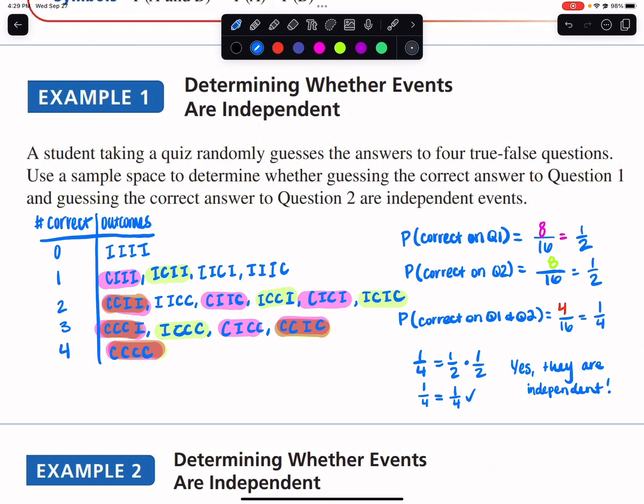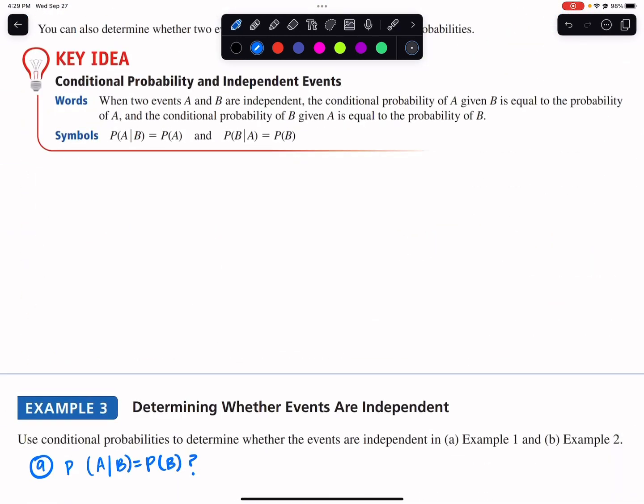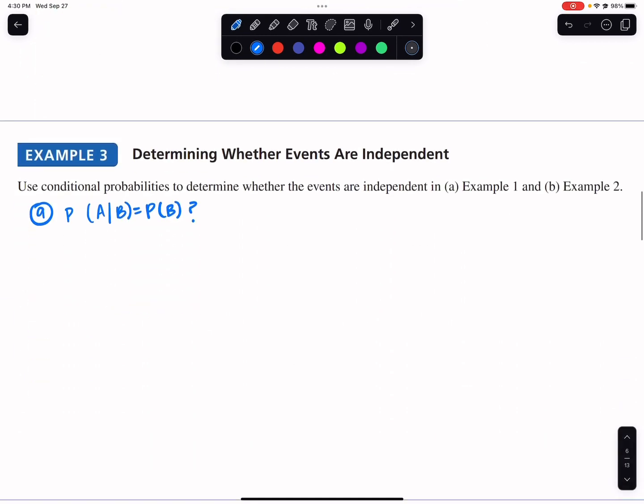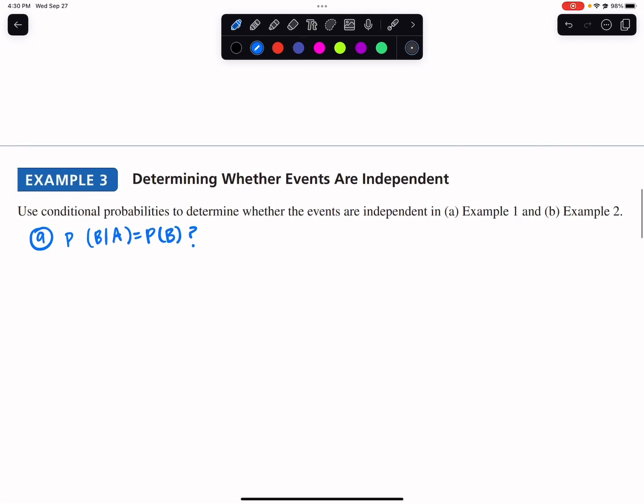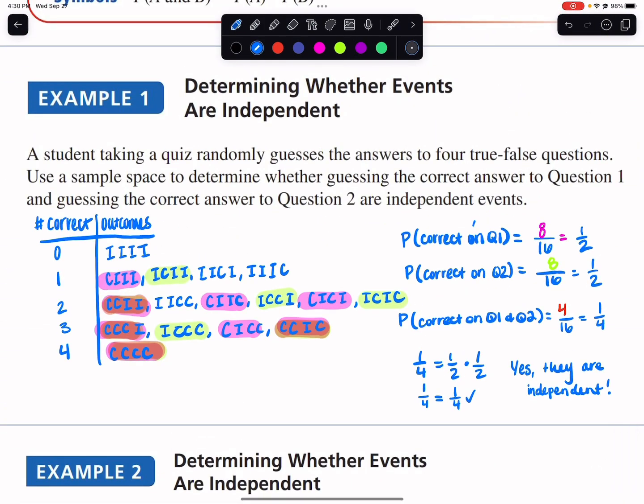Hold on, sorry. I am confusing myself right now. We're going to do the probability of B given A. Sorry about that. Okay, there we go. So my events, this was A, this was B, this is A and B.